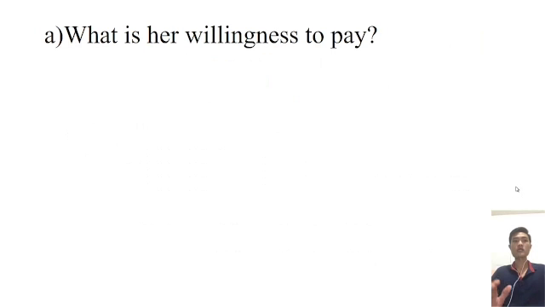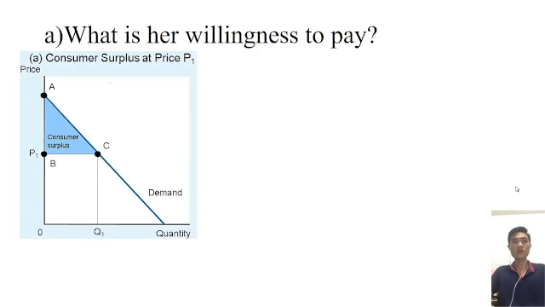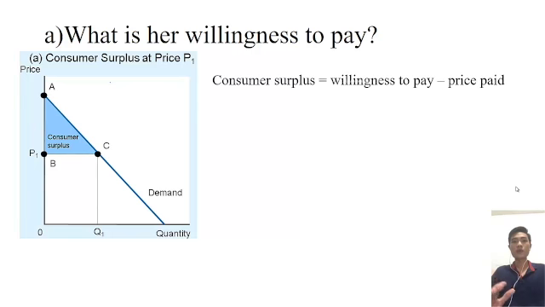First, what is her willingness to pay? Based on the graph of consumer surplus, we can calculate the willingness to pay of Melissa. The formula is: consumer surplus is equal to willingness to pay minus price paid.